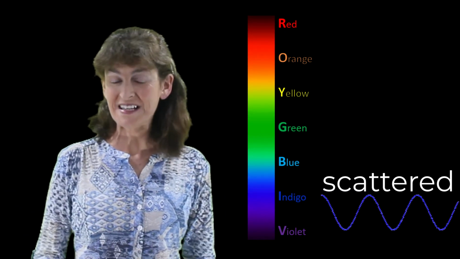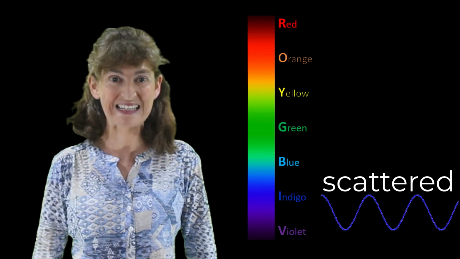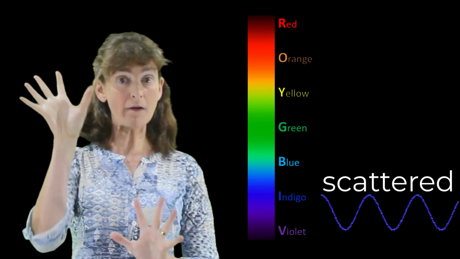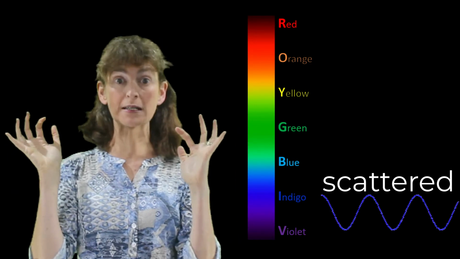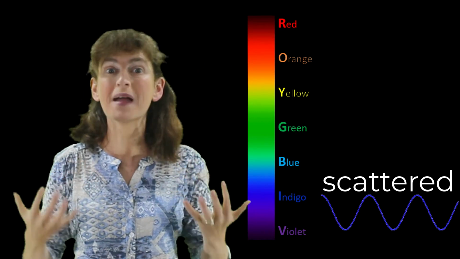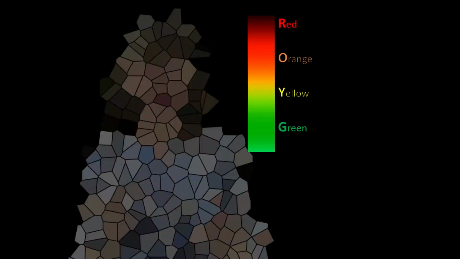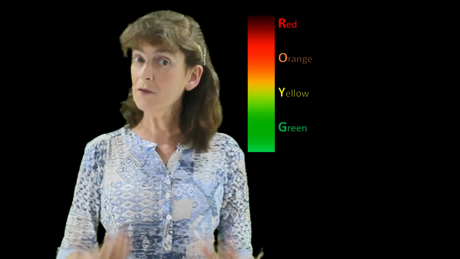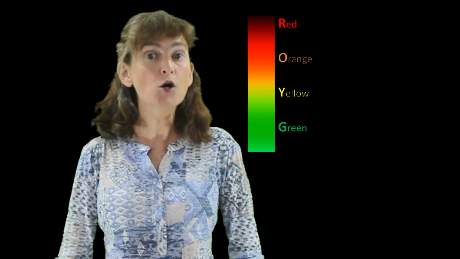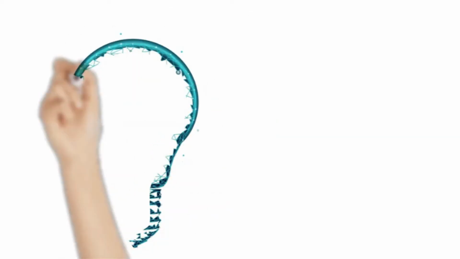In other words, the blue, indigo, and violet parts of the white light get scattered in all directions, and so they come to our eyes from all directions as we look up into the sky, making the sky look blue. What about the light that doesn't get scattered but rather reaches us straight from the sun? Without the blue of the spectrum, the rest looks yellowish, so we think that the sun looks yellow.